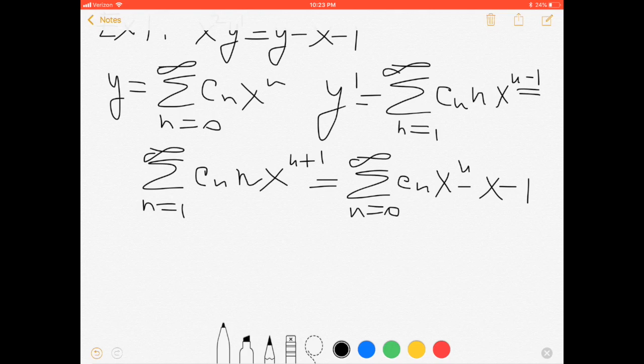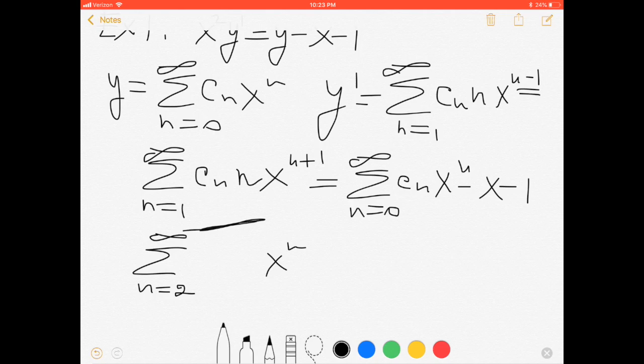How can we do it? First, if n equals 1, my power will be 1 plus 1, which is 2. If n equals 2, my power, for the left part of our equation, will be 3, and so on. This means here I can rewrite this series as x to the power n, starting with 2, because for n equals 1 it will be 2.